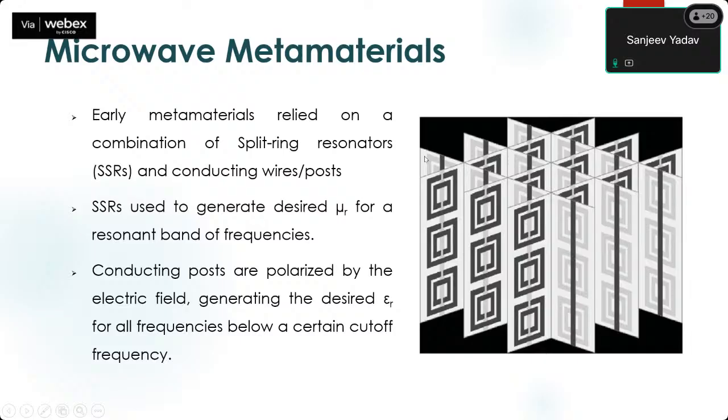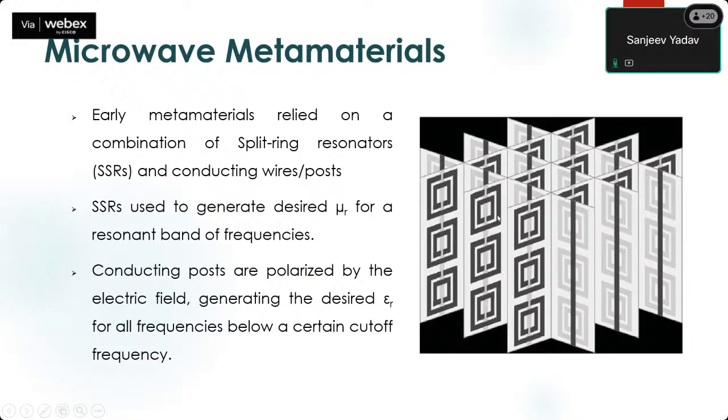Early metamaterials relied on the combination of split ring resonators and conducting wire posts. You can see that on one side the split resonators are there, and on the other side are conducting wires, or strip lines. Split resonators are used to generate the desired mu for resonant band frequencies, while the conducting posts are polarized by the electric field and are used to generate the desired epsilon r for all frequencies below a certain cutoff frequency.